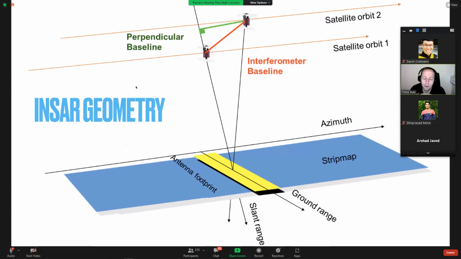We also call the temporal baseline the time difference between these two images. So we talk about a spatial baseline, temporal baseline, perpendicular baseline. These are the terms that we are using, and that's a term that you need to know from that slide.